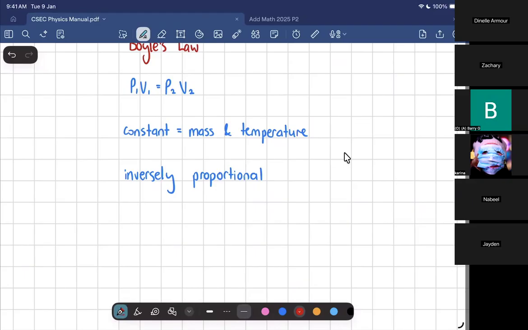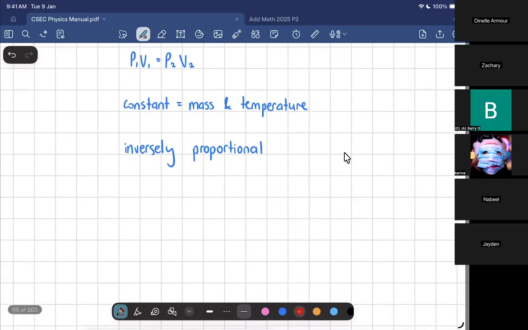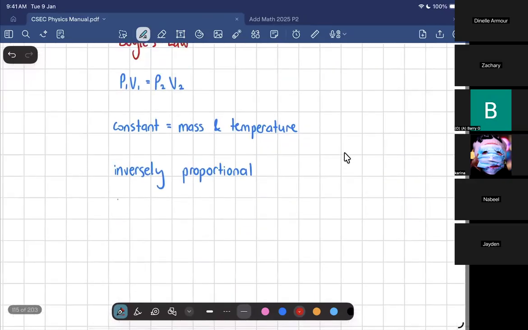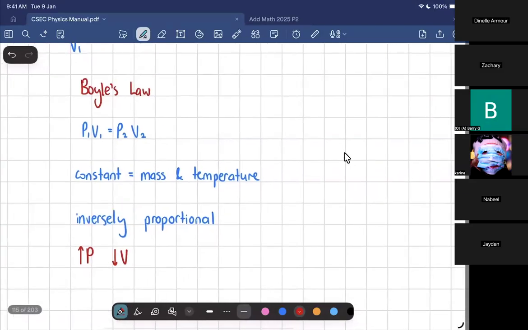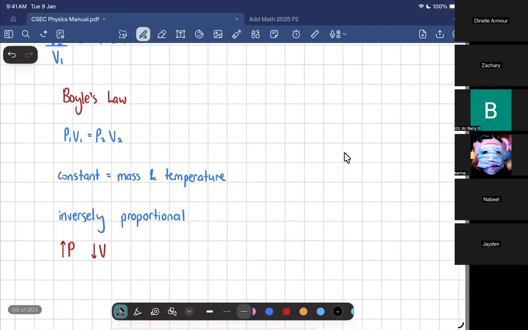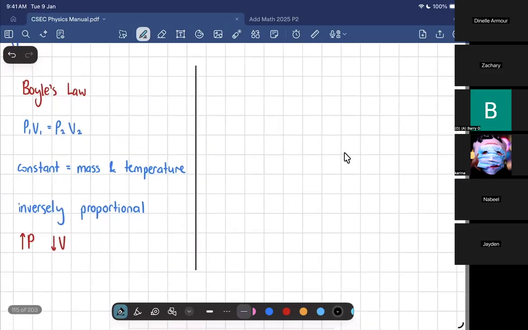But if you plot P versus 1 over V, then that would be a straight line. Now this means that if you increase the pressure, what happens to the volume? It would decrease. Great. So what I'm doing here is putting a summary note, so if you have an exam you can look at this quickly and have all the information you need. Let's move on to Charles' law now, or Gay-Lussac's law.